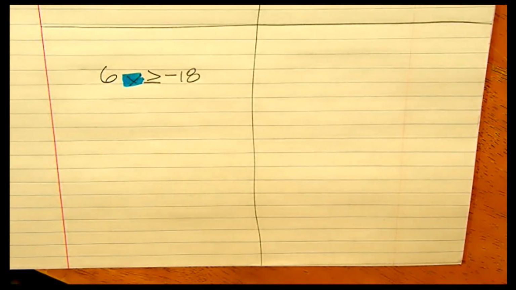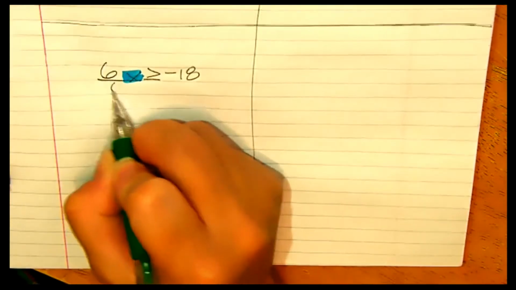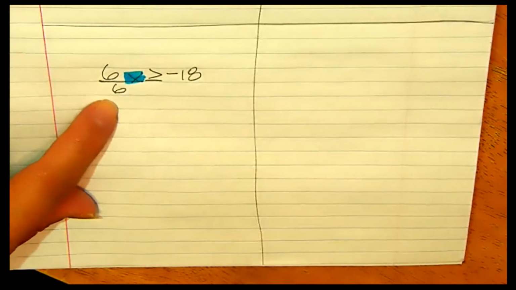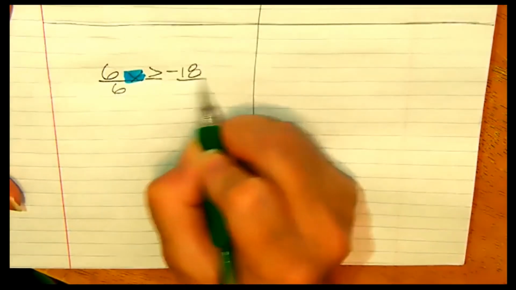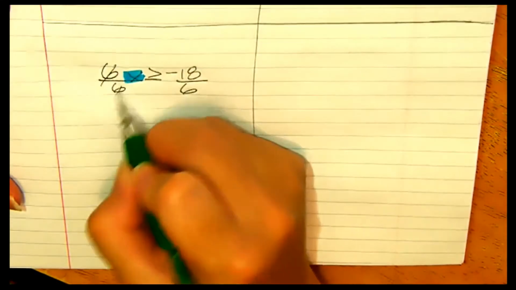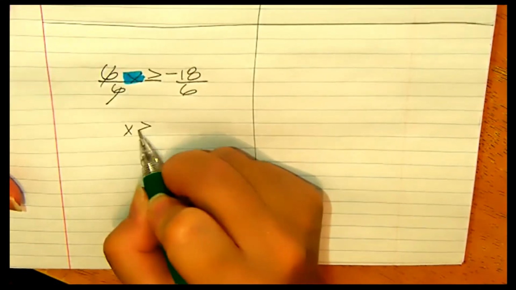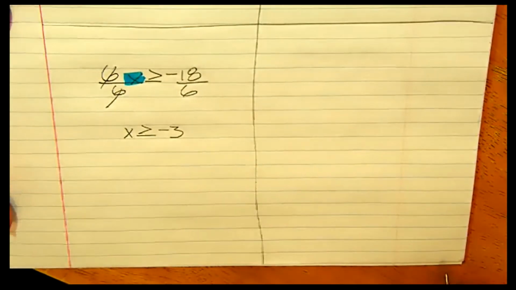We're going to use inverse operations, and the inverse of multiplication is division. So I'm going to divide by 6. What I do to one side, I must do to the other. So these guys cancel, and I'm left with x is greater than or equal to -3.